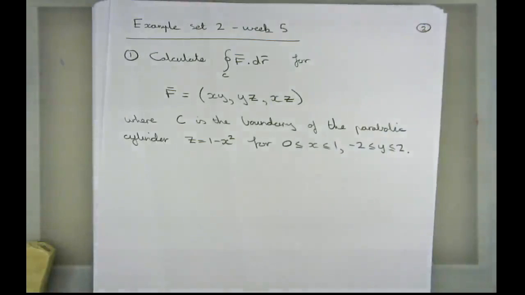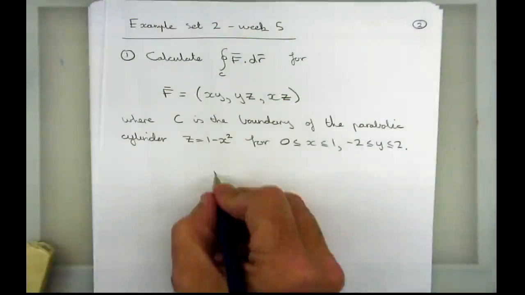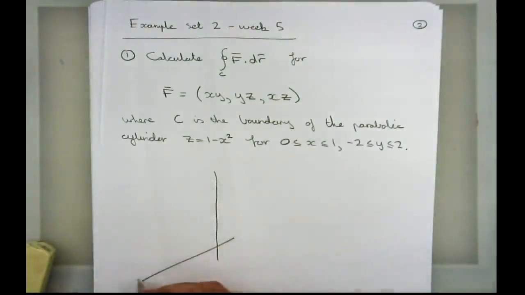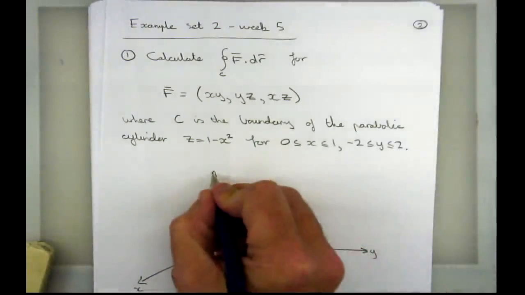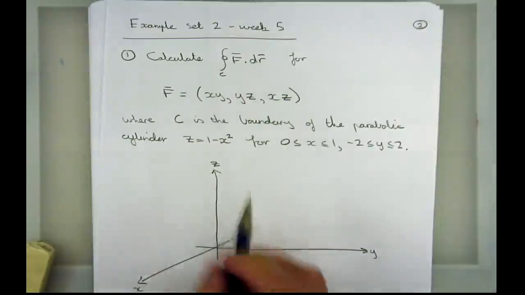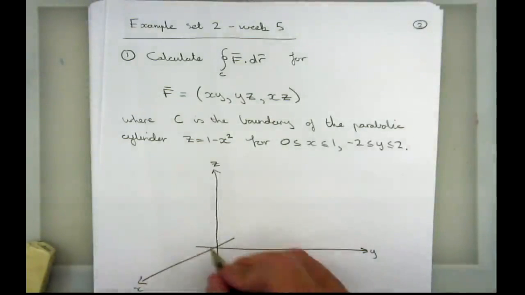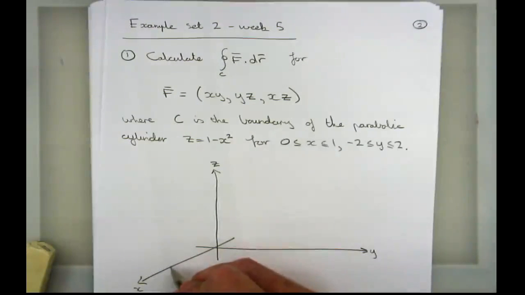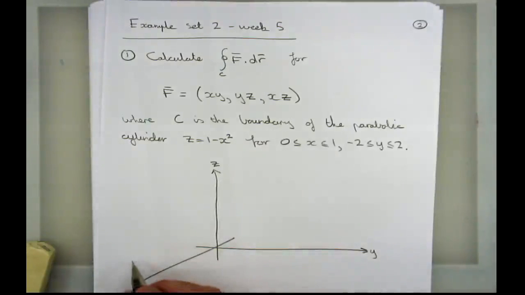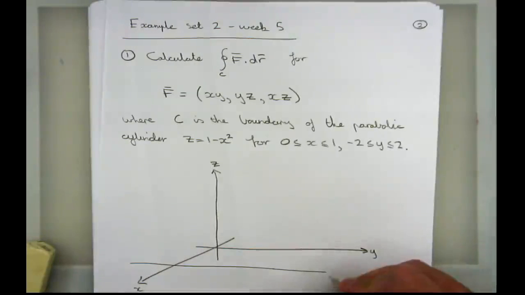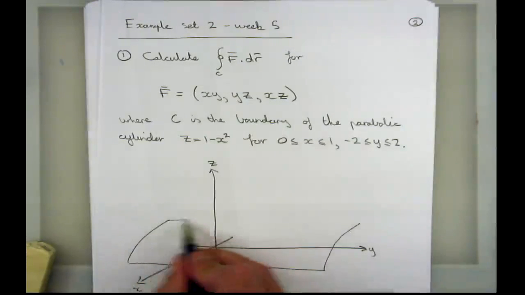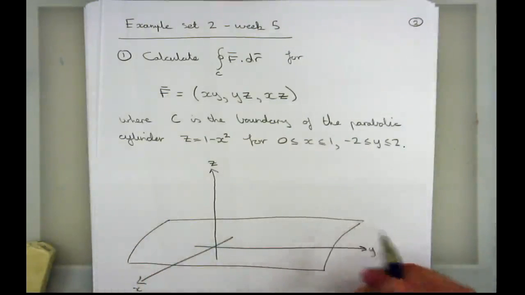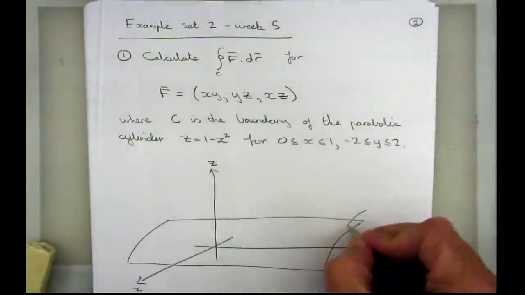Again, excuse my terrible drawing, I can't draw to save myself. Now, the parabolic cylinder, this is a part of the surface.